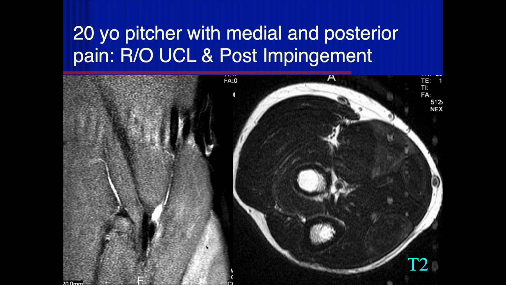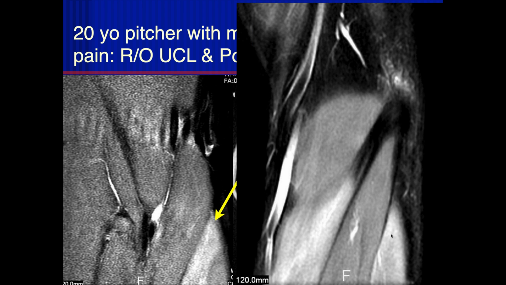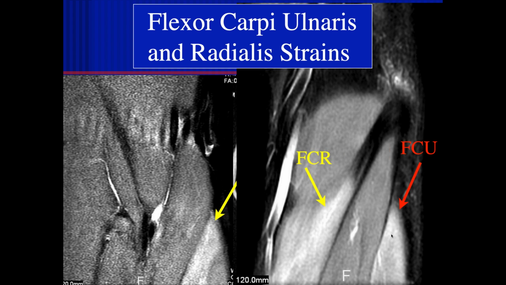If we look here at the coronal image, we can see the edema within the muscles. That's a flexor carpi radialis strain as well as a flexor carpi ulnaris strain. And there are sagittal images showing the muscle strains.